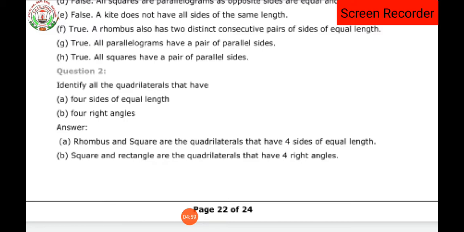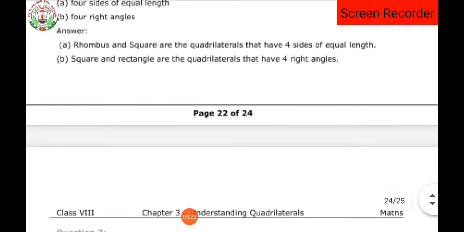So we have to think of such quadrilaterals that have 4 sides of equal length, and also in part B, 4 right angles. So the rhombus and the square are the quadrilaterals that have 4 sides of equal length, and the answer for part B will be the square and the rectangle, which are the quadrilaterals that have 4 right angles. Clear everyone? So this is the answer to question number 2.